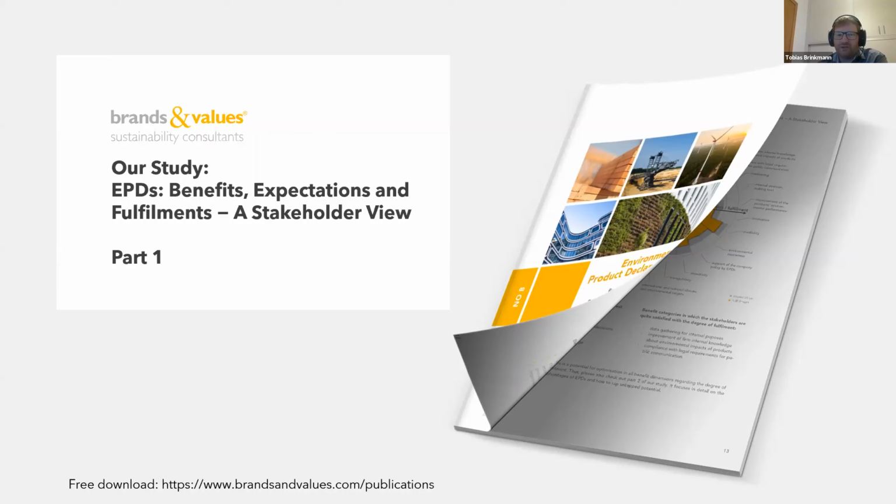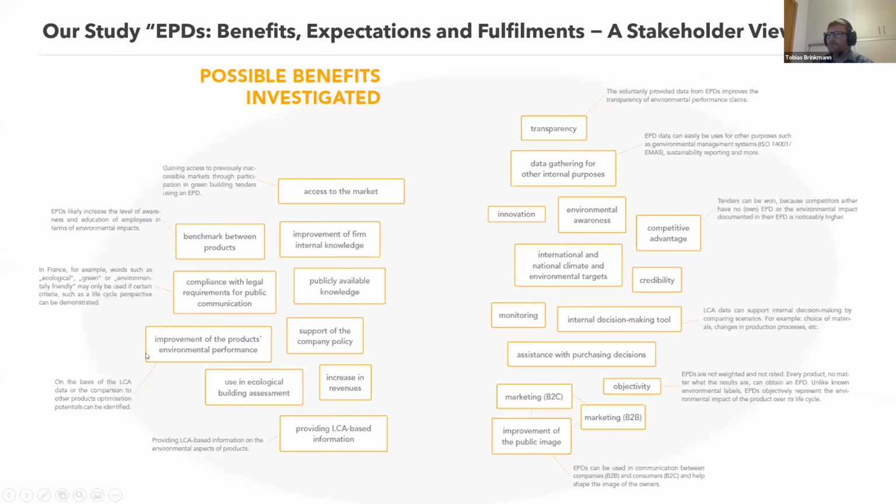So with this study, we wanted to show all the benefits related to EPDs and LCAs, as well as the expectations and fulfillments from the stakeholder point of view. So we performed a literature research and investigated more than 25 benefit dimensions.